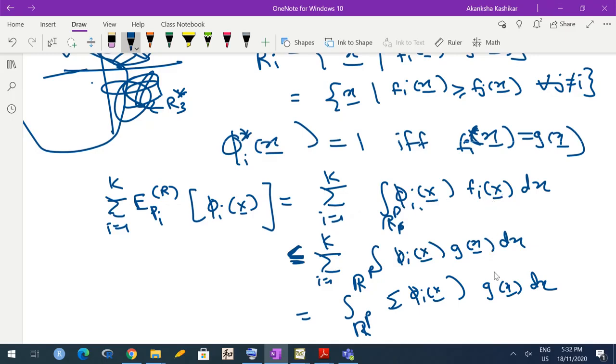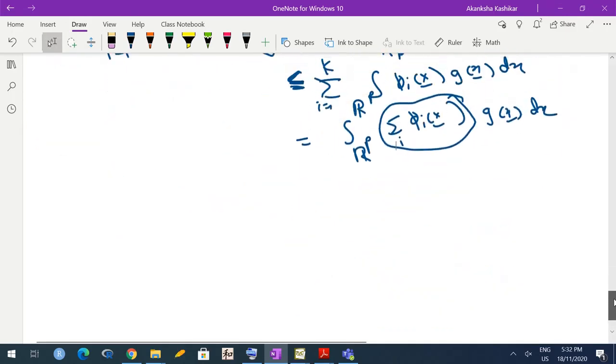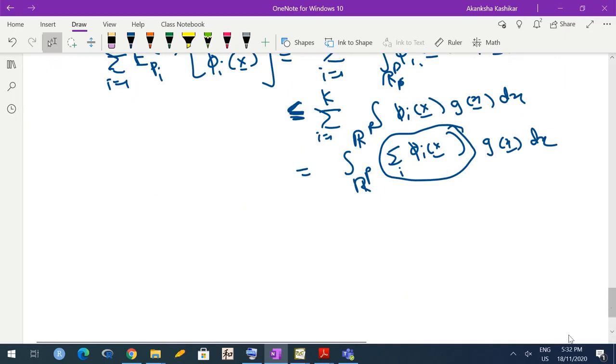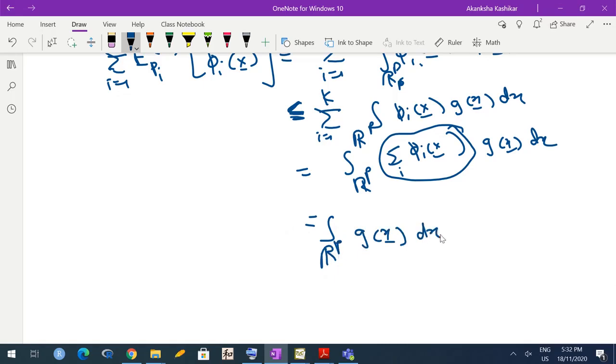But now that I have g, which is free from i, I can use this. What is the value of this? Because we are always having a partition, the summation of phi i(x) is always 1 for every classification rule. So this is the same as the integral over Rp of g(x) dx.